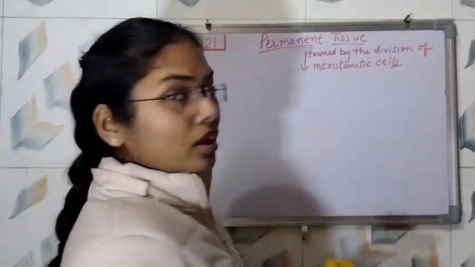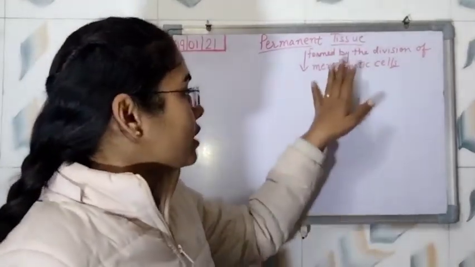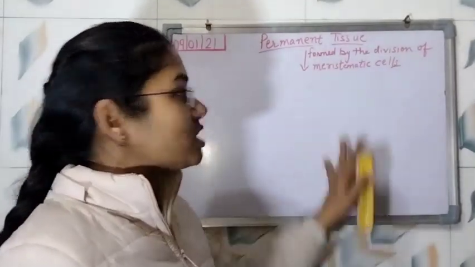Okay students, so how is the permanent tissue formed? It is formed by the division of meristematic cells.